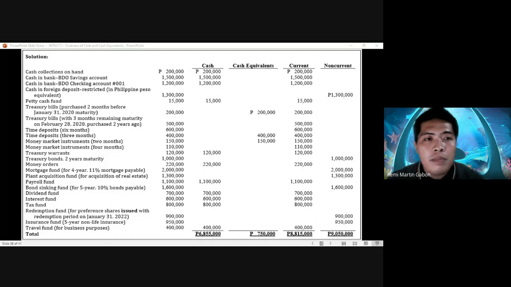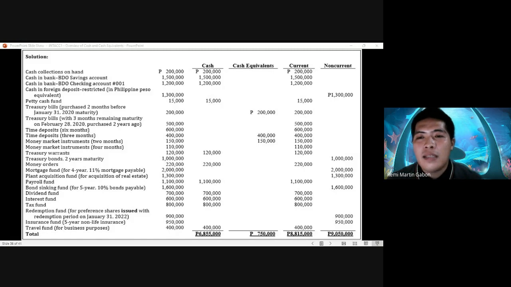However, sa problem, silent hindi binigay. The author of the problem provides that the time deposits na 6 months, walang ibang information eh. Considered lang siya as other item of current asset but not cash equivalent.